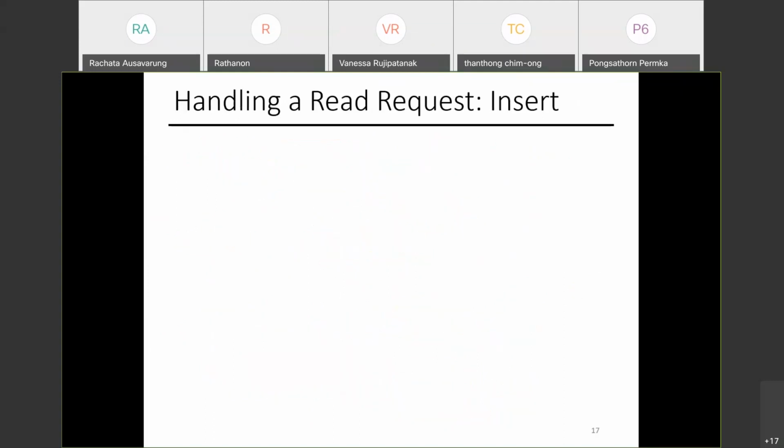The second part is you need to handle read requests. Whenever you have to read a request, what do you need to do? Basically, when you read something, you insert that cache block into both the L1 and the L2. This is what you do in the read process. You have the address, the L1 cache, and then the L2 cache.